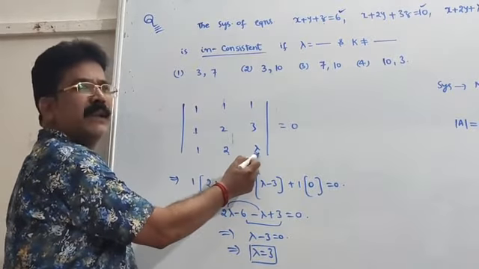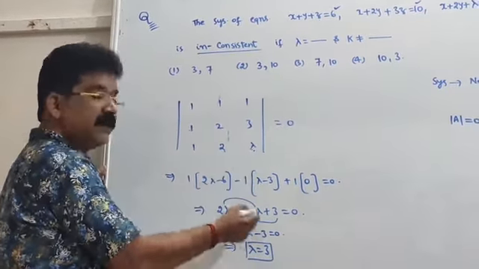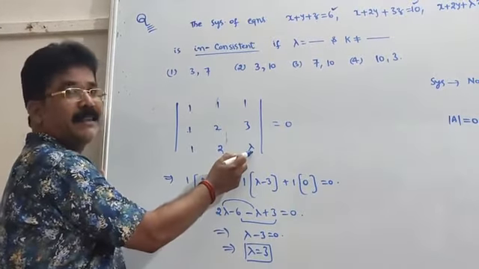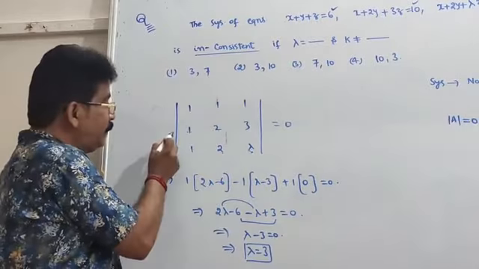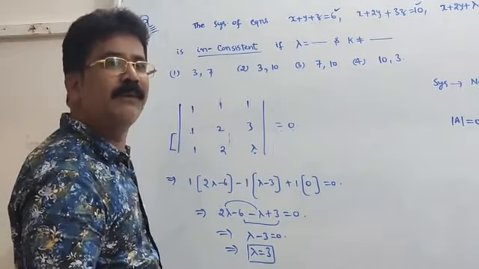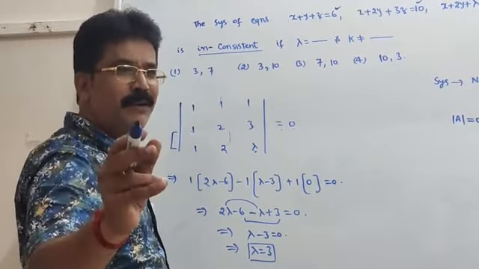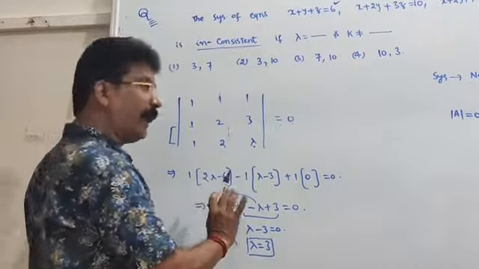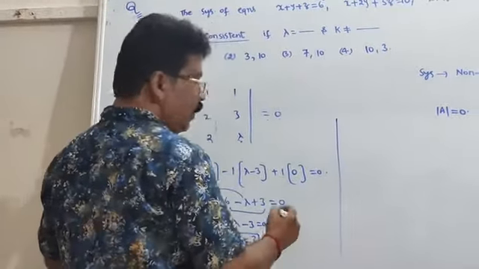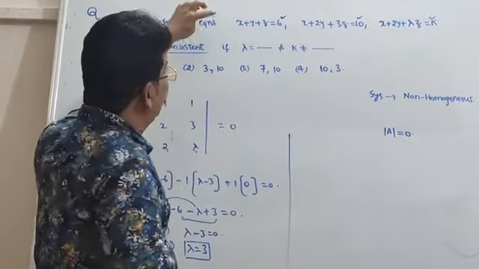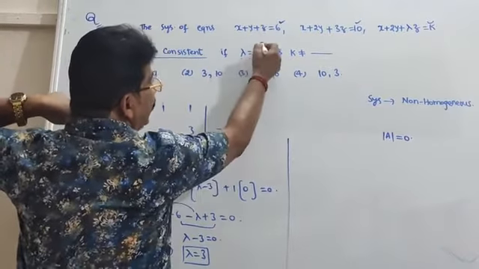In the examination hall, without wasting time expanding the determinant, you can write 3 directly, because if two rows are the same, the determinant value is definitely 0. So you can save time by putting lambda directly. Okay, lambda is equal to 3.